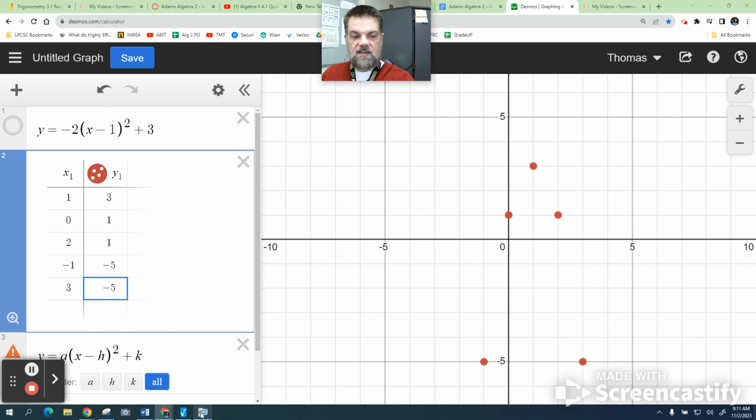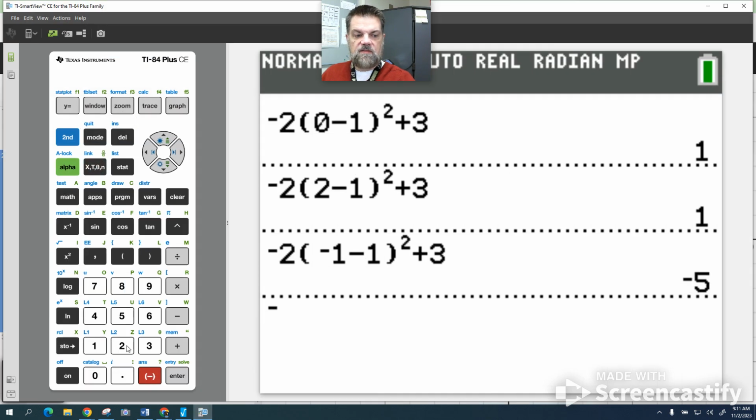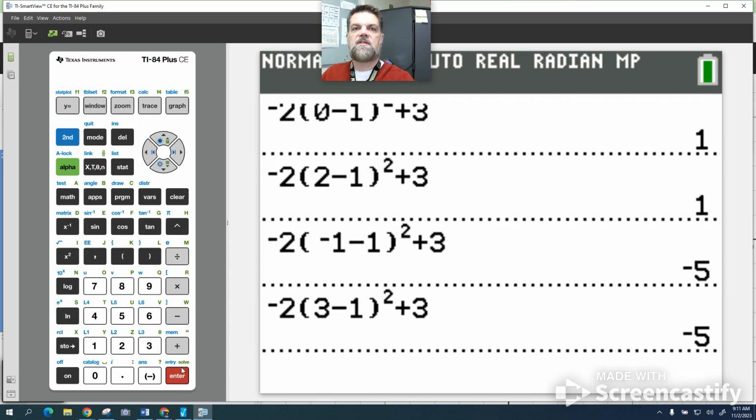Let's see. Take this formula, -2 parentheses 3 minus 1 close parentheses squared, shoot, wrong one, plus 3. Hey, it's -5. That's no accident. Okay.